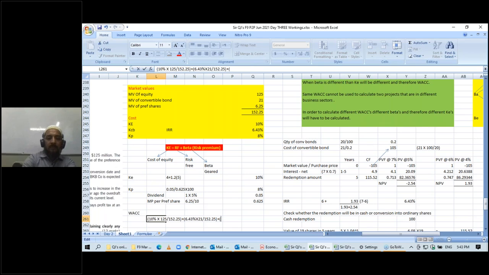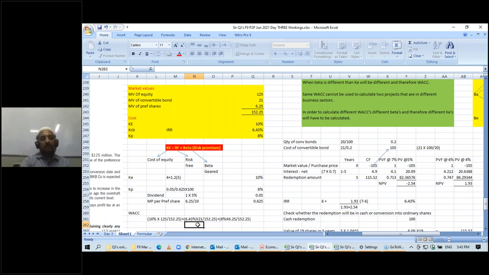Then plus the cost of preference shares, which is 8%, multiplied by 6.25 divided by 152.25.